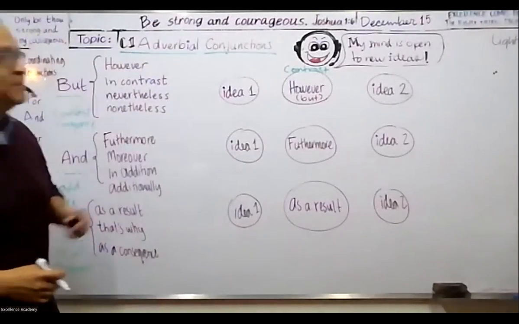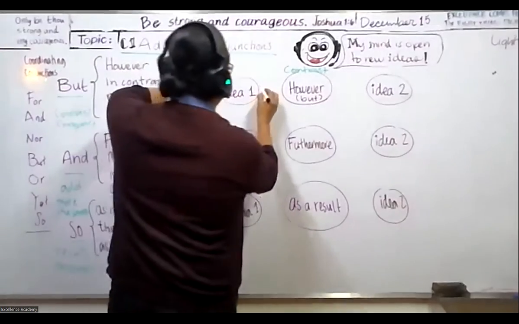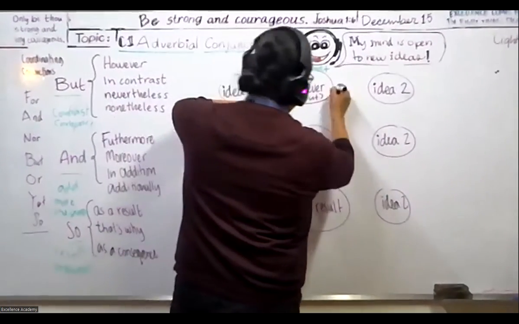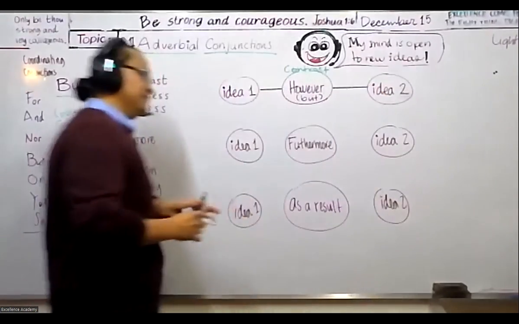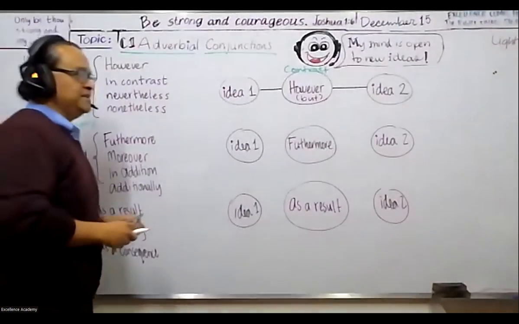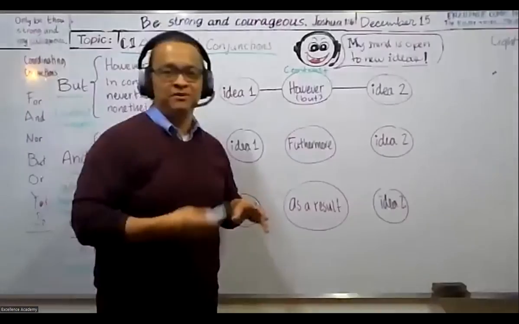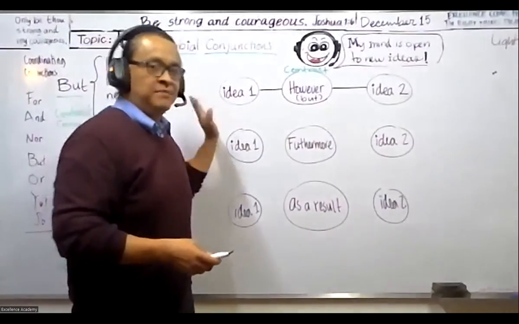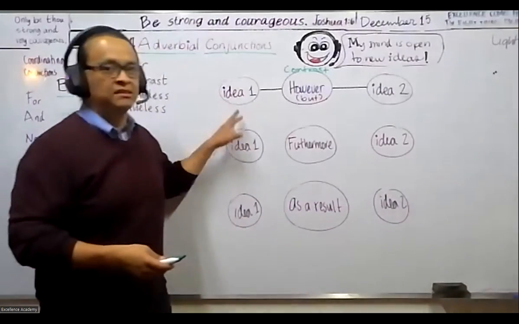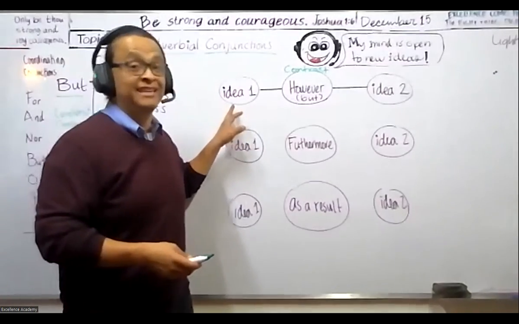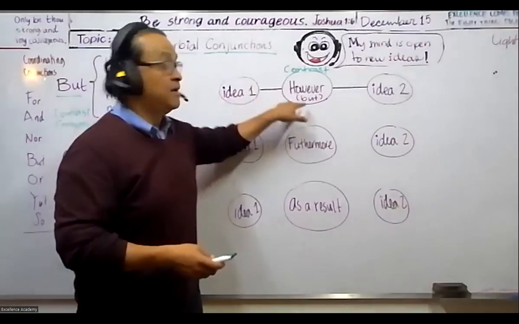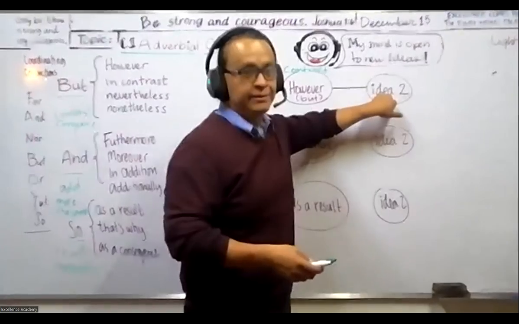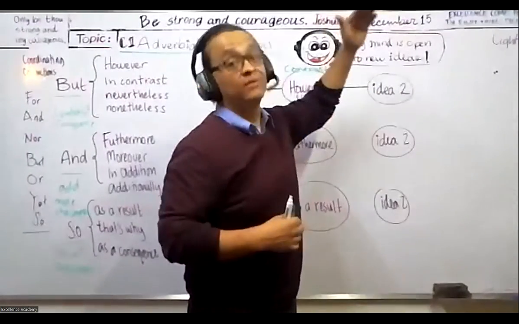So what I'm going to do is take this idea and contrast it to the second idea. So we could say, like we were reading a moment ago, we could start with the initial idea. We could say, in some countries, customer service is still in its infancy. However, in the United States, customer service is considered of a high standard.